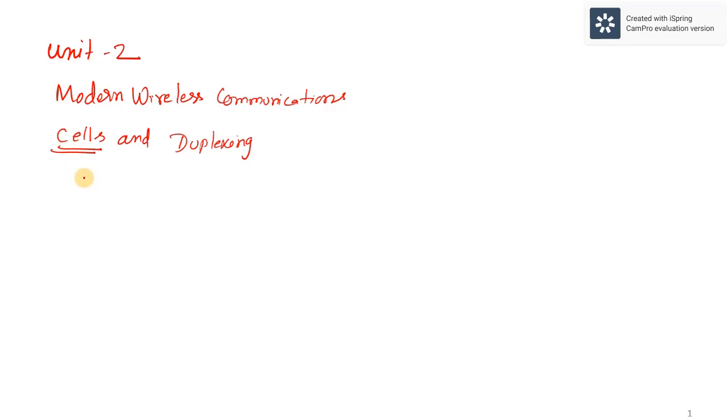The increase in capacity is in demand. When I say a small geographical area, the main thing is the replacement of a high power transmitter with a low power transmitter.